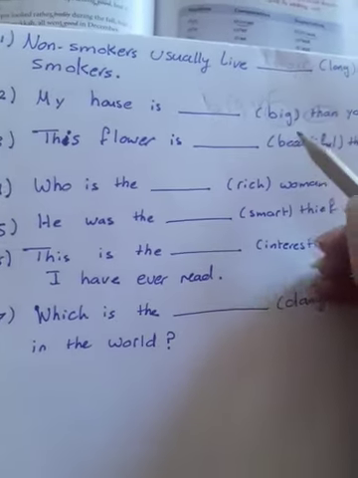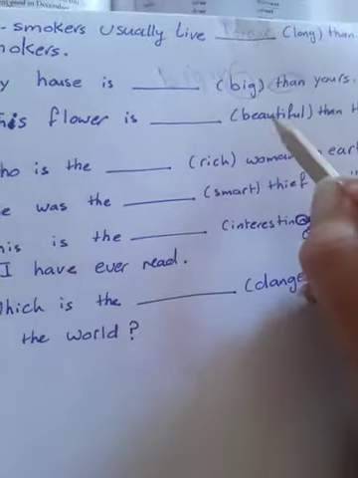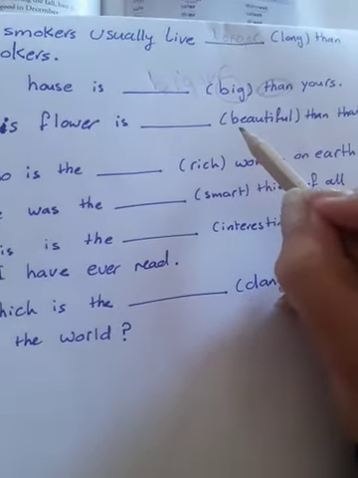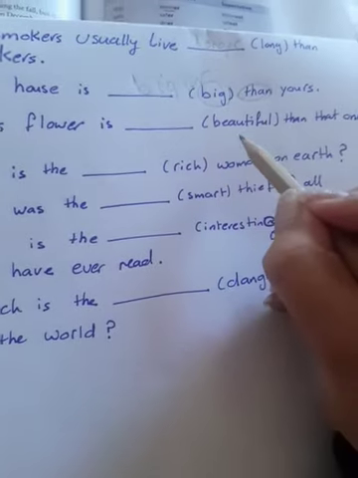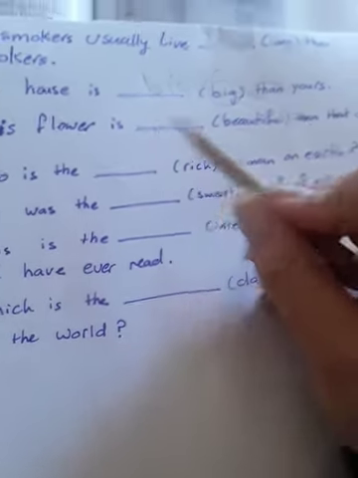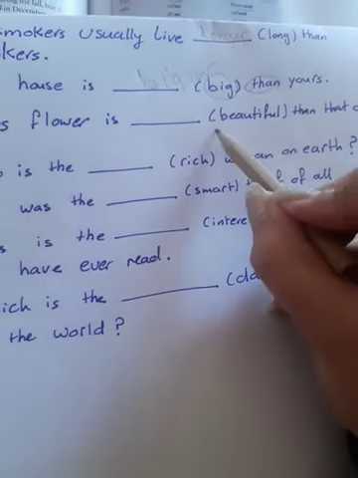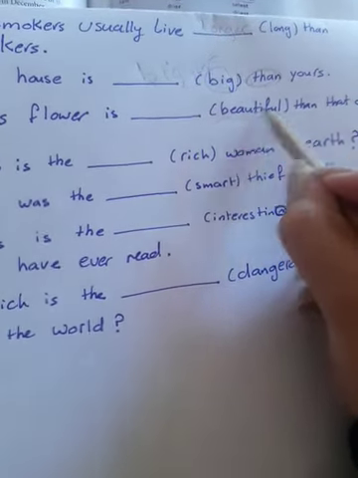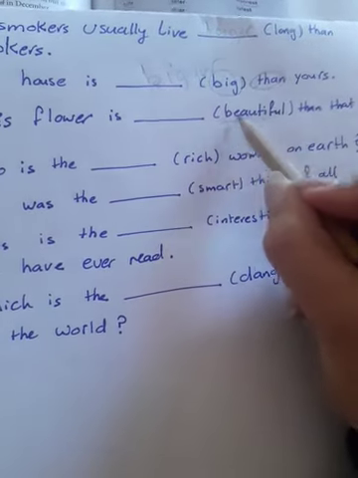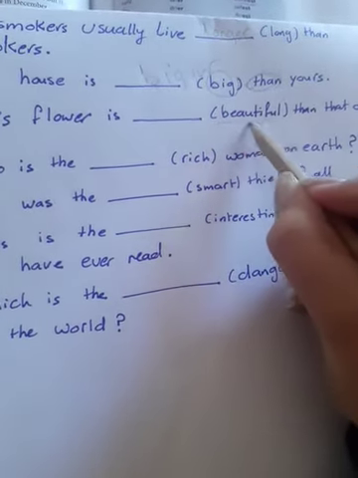Now, look at this example here. This flower is beautiful than that one. Here the sentence compared this flower and that flower using the adjective beautiful. How many syllables are in the word beautiful? 1, 2, 3.